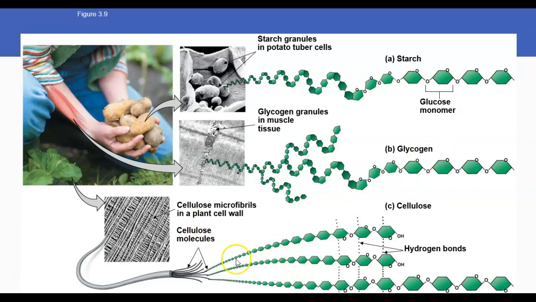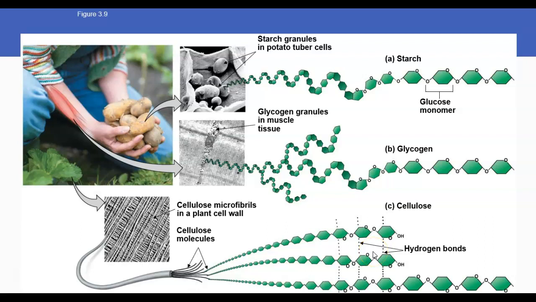This is in contrast to cellulose. Cellulose has a different linkage, which I'll show you in a second, which ends up forming these strong hydrogen bonds, and it forms these sheets which make up cellulose. Cellulose is the plant cell wall. It's actually the most abundant organic molecule on Earth, and it's what we make paper out of. It is very, very strong, but it's not able to be broken down by most animals.